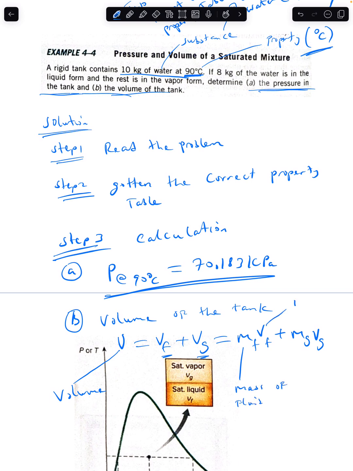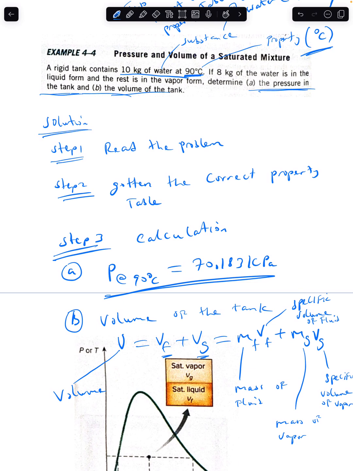This is the specific volume of fluid. This is the mass of vapor. This is the specific volume of vapor.